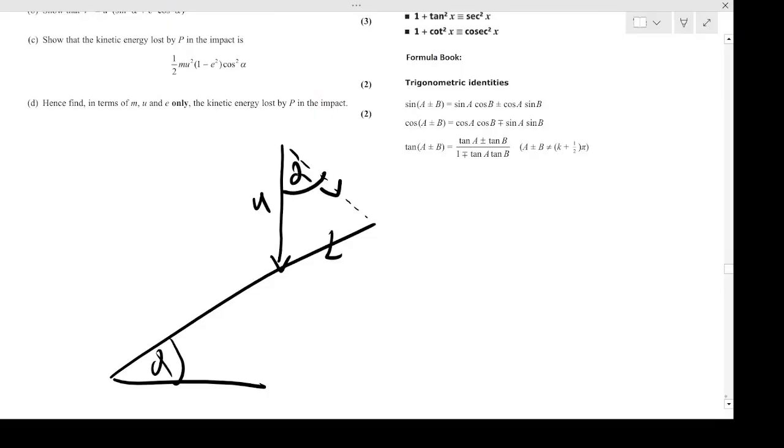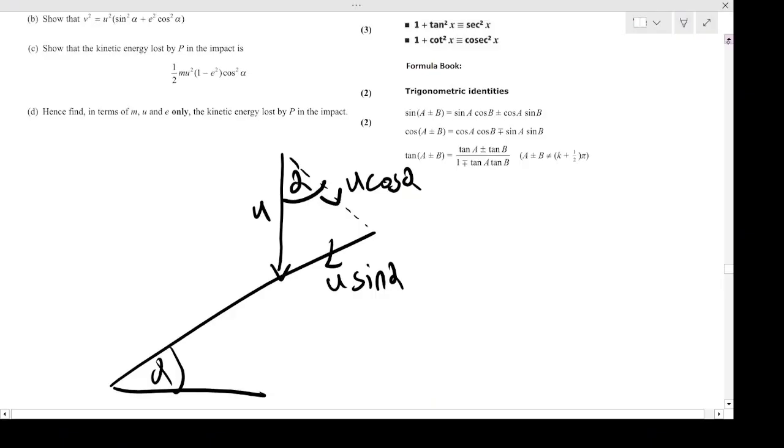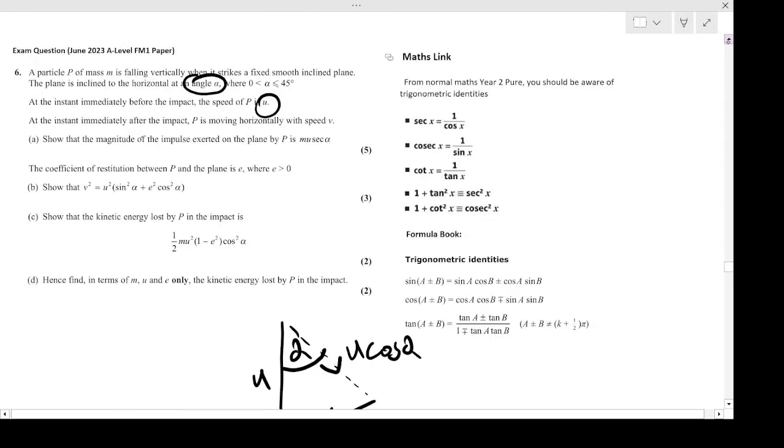And there we are. Again, it's very similar to how we resolve weight. So this angle here is going to be alpha, which means this component here is going to be u cos alpha because it's adjacent to the angle, and this is going to be u sin alpha because it's opposite the angle. Now, what about afterwards? This is the main thing that stumped people.